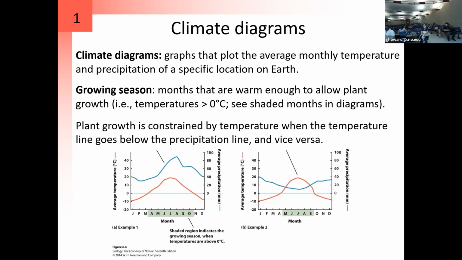Now, how are we making any kind of equivalence between precipitation and temperature? Are these randomly on there? No, they are not. They actually are directly equivalent. And that is because we've done experiments where we've looked at the evaporation out of pans of water placed outside in different biomes around the world.